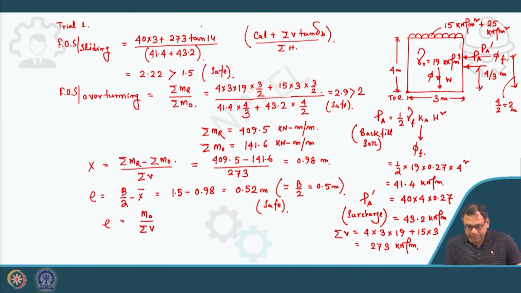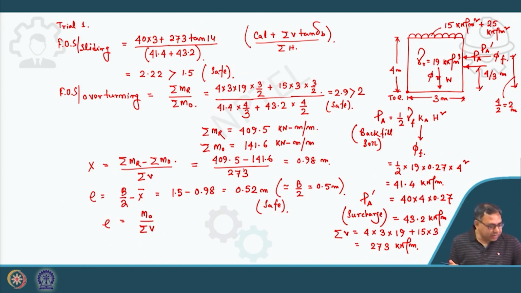when I calculate the summation of V, then I will take the dead load and live load both, the surcharge, because it will reduce the factor of safety. So, here when I calculate the x and E value, then I consider only 273. Okay, because if I consider the 40 kPa, then it will further reduce the E value.